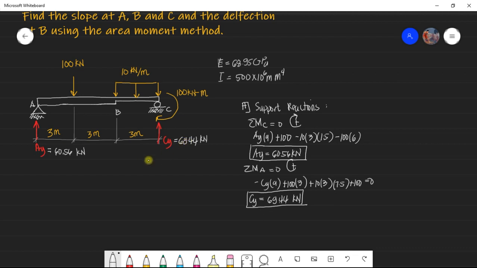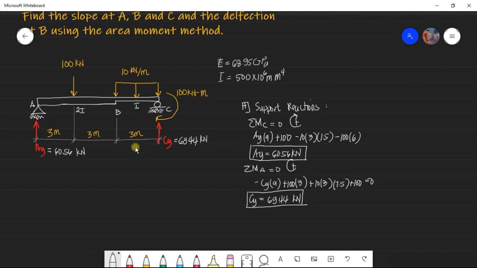Anyway, I forgot to put here, the I is different. This is 2I, and this is I. So, 2I from A to B, and then I from B to C. In the lecture there are tips on how to locate the moment center.